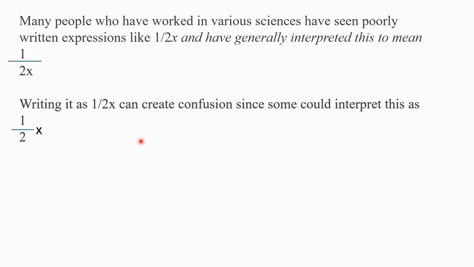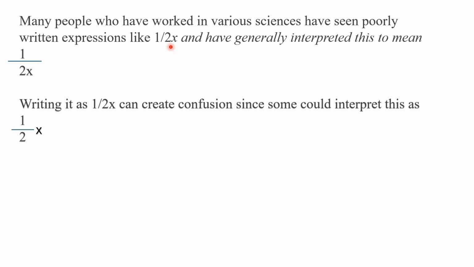Now, I'll say many people who have worked in various sciences have seen poorly written expressions like this. You have 1 divided by 2x, where you're using a forward slash as the division symbol instead of a horizontal line.